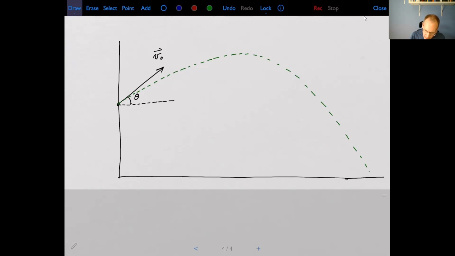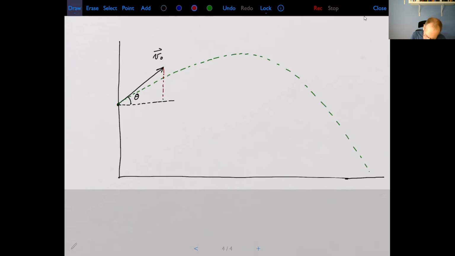Okay, so usually what we do first is find the x and y components of that initial launch velocity. To do that, I can simply go to the tip of the velocity vector arrow and project onto the x-axis. So I'll project down onto the x-axis.